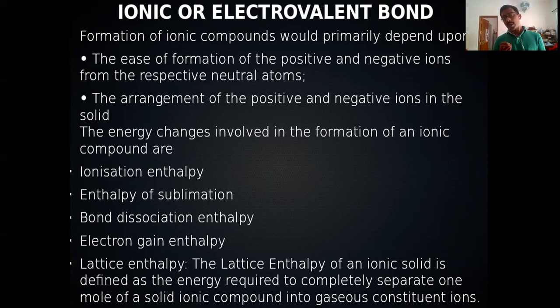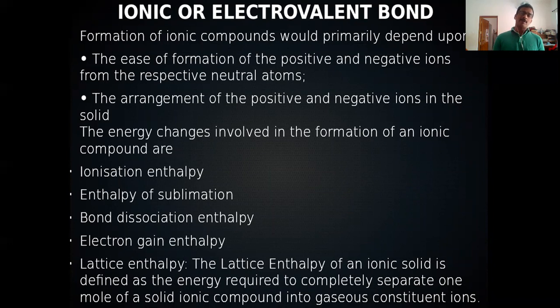If you want to transfer electrons, you have to overcome the attractive force from the nucleus. If A is donating an electron, we have to supply energy to overcome the attractive force of the nucleus. That is ionization enthalpy. But to call it ionization enthalpy, the atom A should be in the gaseous state and in the isolated state.